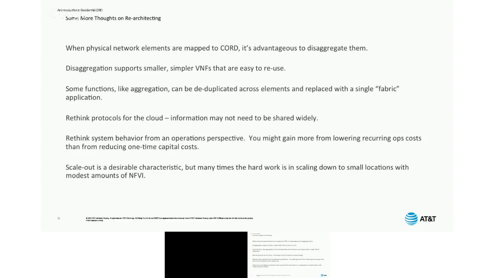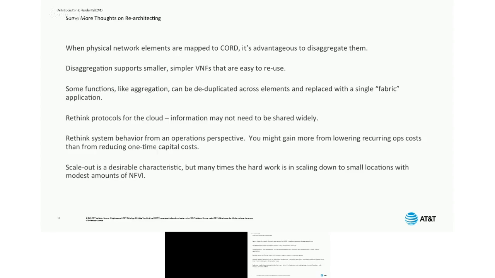Okay, and then finally, and I think Al had pointed this out in his keynote, scaling is great, and we love to talk about scale out, right? But many times, the harder problem is scale down. So if I want to deploy something in an outside plant, or in a very small office, and I only really need one or two servers for the compute portion, do I really want to have the 3 or 4 other servers that are needed there to set up OpenStack and the ONOS cluster and so forth?